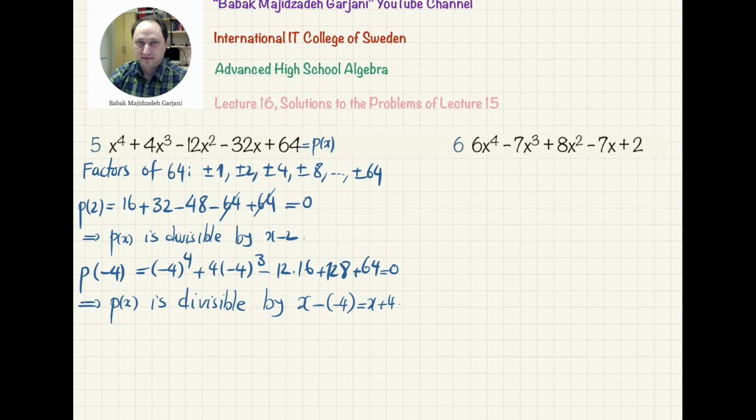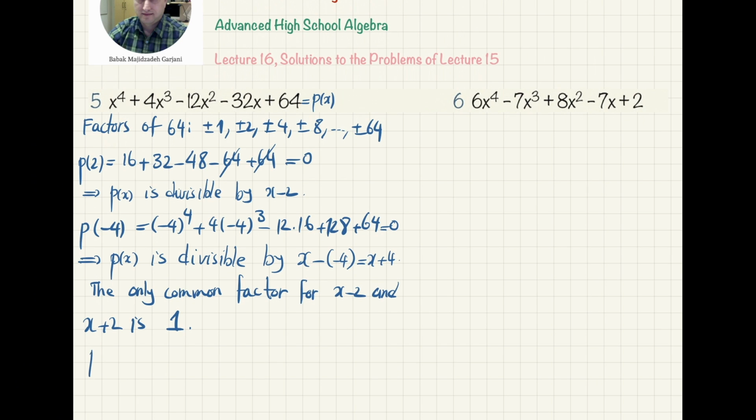Yes. Okay, now what we know is that the only common factor for x minus 2 and x plus 4 is 1. We know that p of x is divisible by both x minus 2 and x, sorry, this is not plus 2, this is plus 4.